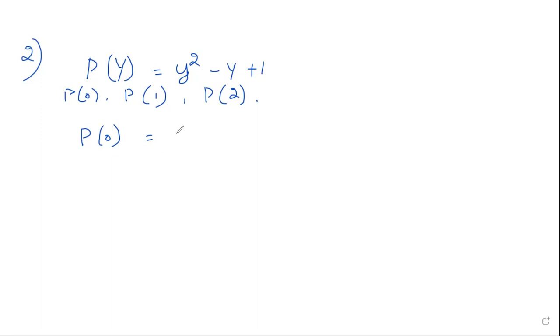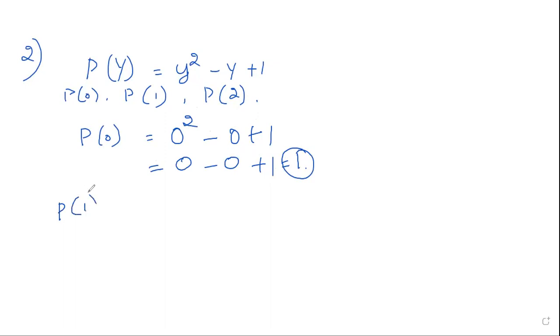So y square. What is the value of y here? In the first case, it is 0. I am substituting 0 here. Minus y is 0 plus 1. Okay. 0 square is nothing but 0. 0 plus 1. That is equal to 1. Okay. This is the answer.